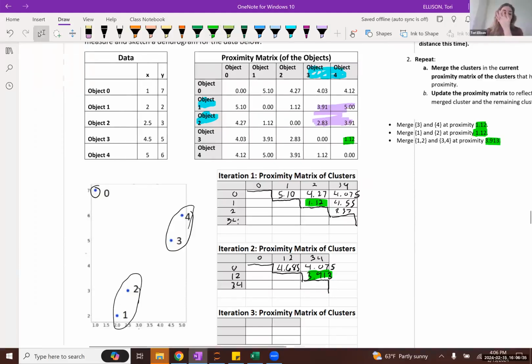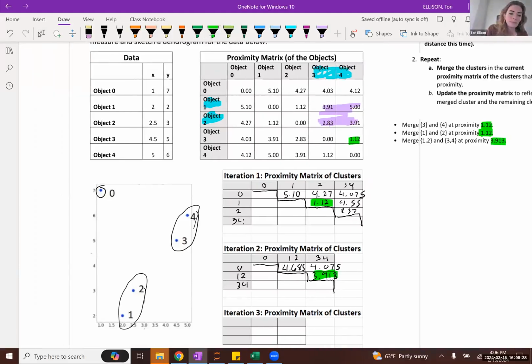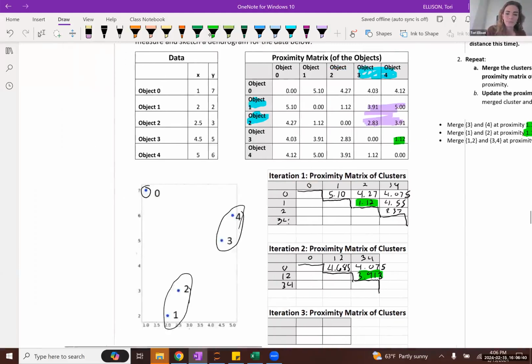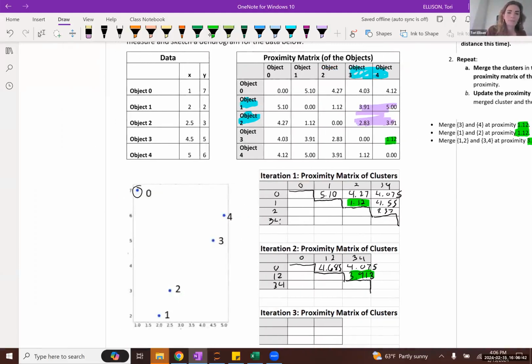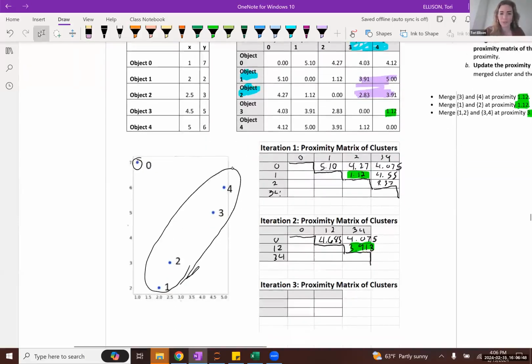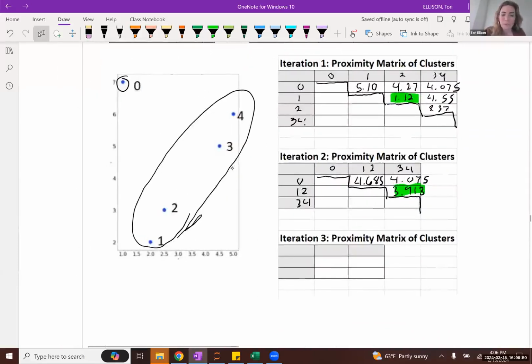And so those two clusters now merge together. All right. And we update our final proximity matrix with 0 and 1, 2, 3, 4.